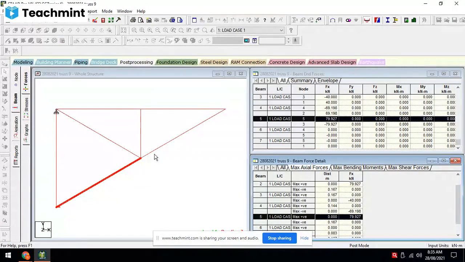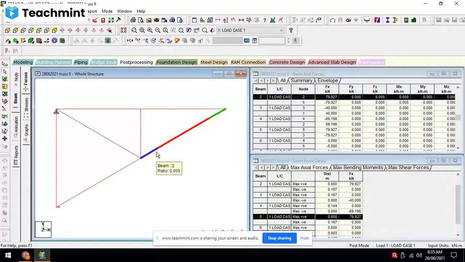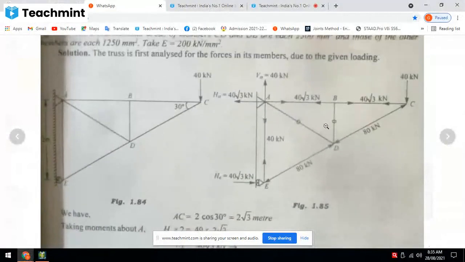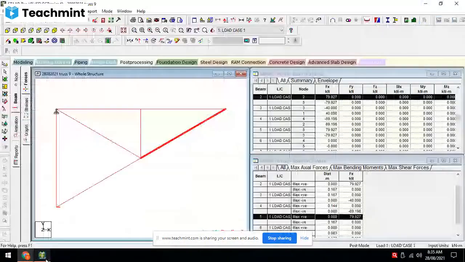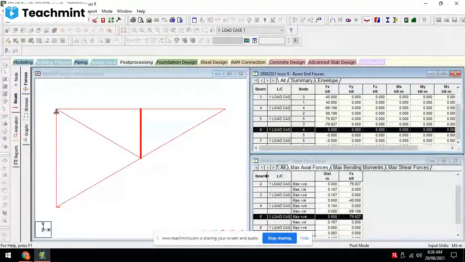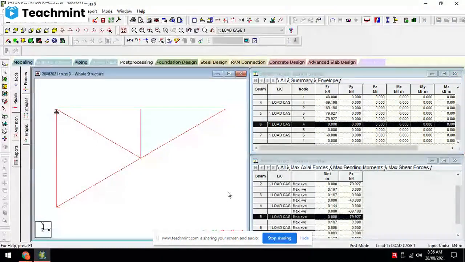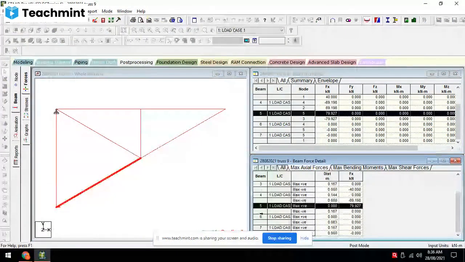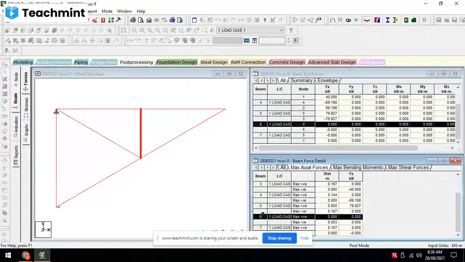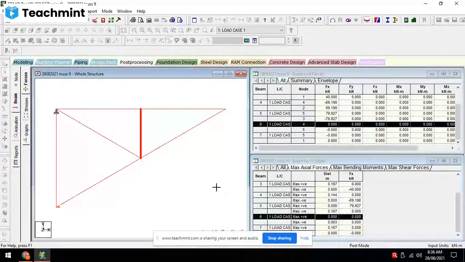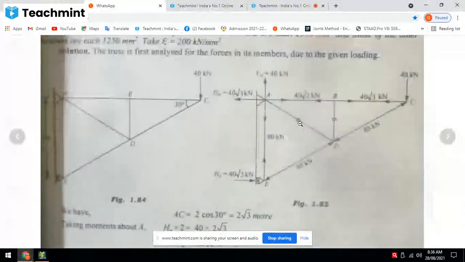In this member it is 80, in this member it is also 80, right? Then BD and AD, we'll check whether they get 0. Yes, they get 0. These two members carry 0 force. Yes, the forces in the members are also matching.